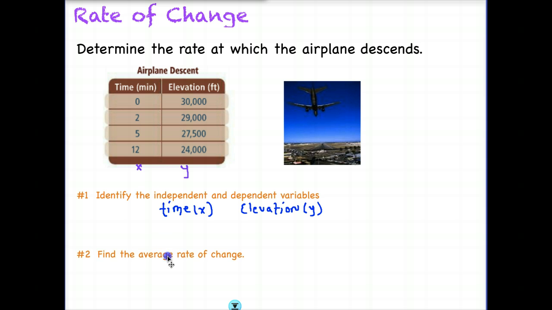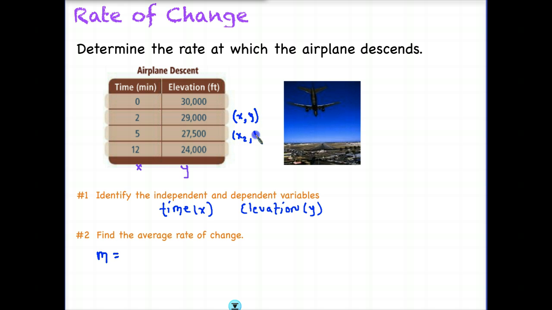Now let's go ahead and find our average rate of change. We'll use our equation. So we have m, which is our slope, equal to y2 minus y1. Now it doesn't matter which 2 points we pick. I can pick this first point, I can pick the second point, I can pick any 2 points. So I'm going to go ahead and choose this point here to be my x1, y1, and I'll choose this point here to be my x2, y2.